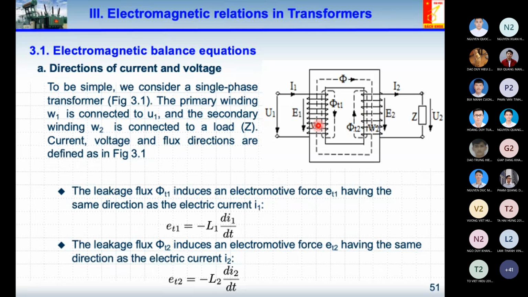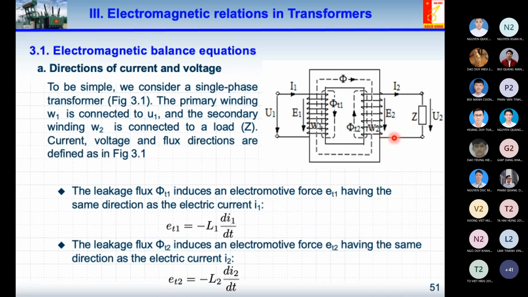And of course, the leakage fluxes phi T1 and phi T2 also induce an electromotive force, ET1 and ET2, in W1 and W2 also.